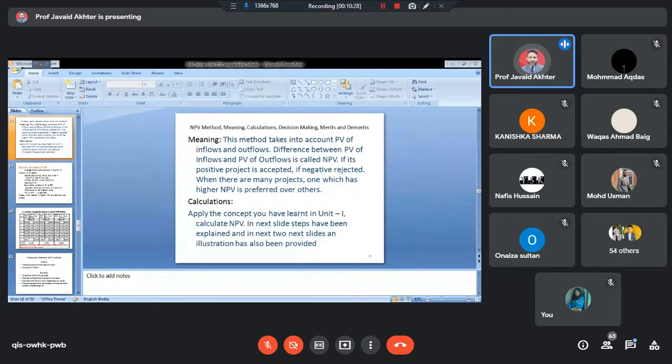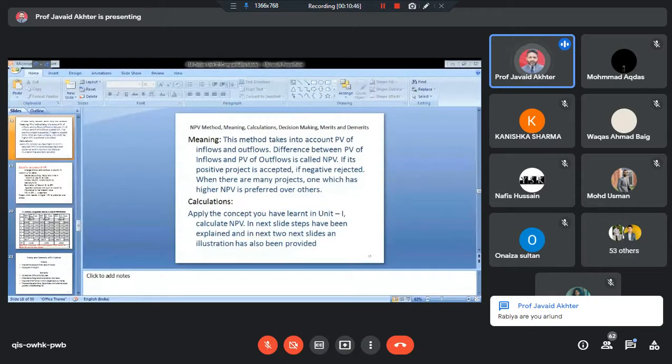Are you around, Rabia, or not? Or is someone else writing on your behalf? It seems that you have given your phone to somebody, and that somebody knows how to type, and he has written.